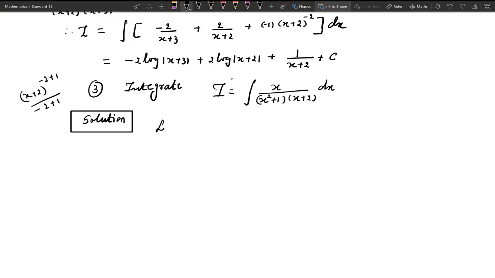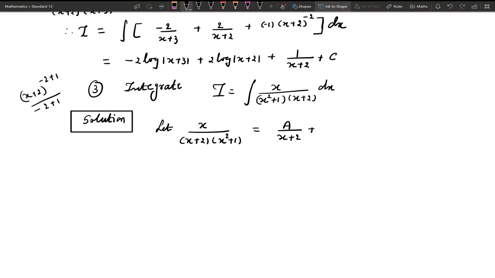Now let I equal to the integral of x upon (x plus 2)(x square plus 1) dx. So already we have denoted it as a upon x plus 2.